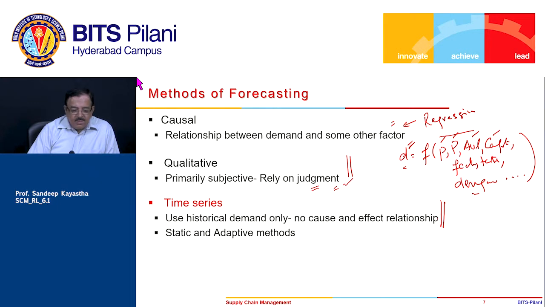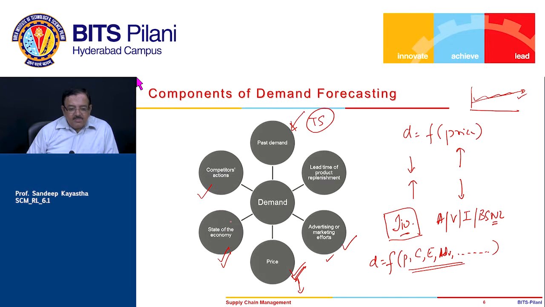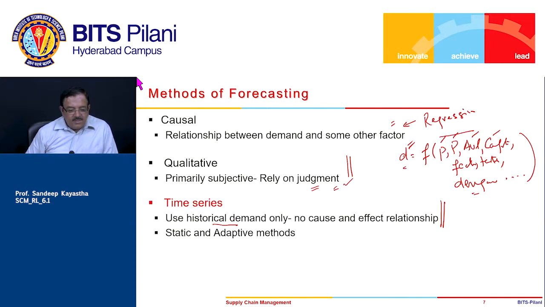The time series method uses only the historical demand. All other factors we are not going to consider. And surprisingly, if we use the time series method, we can get fairly good accuracy. Just because we have not taken into account several factors does not mean that our forecasts are going to be poor. Surprisingly, that happens. Therefore, we will use the time series method.